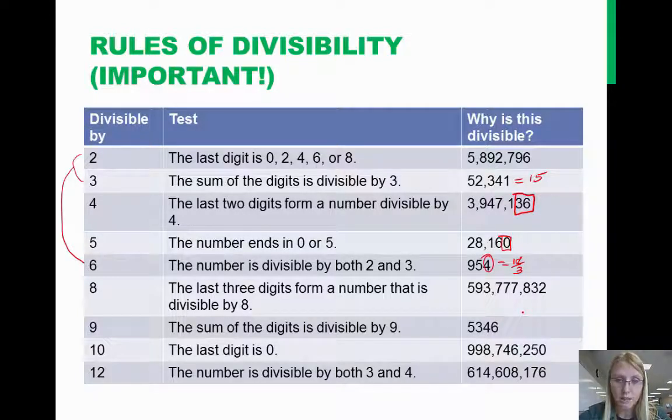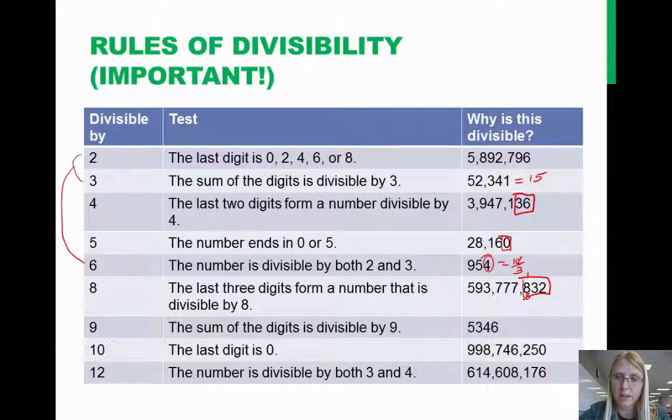Look at the number 8. We are going to say that if the last 3 digits that form this number right here are divisible by 8, the whole number will also be divisible by 8. So let's look at that. Does 8 go into 8? It does one time.